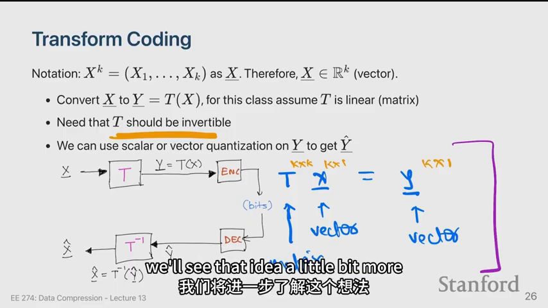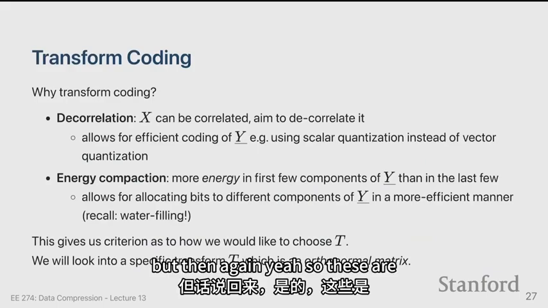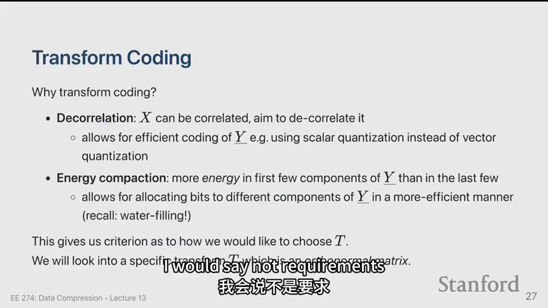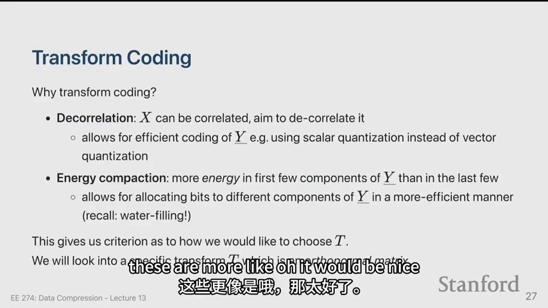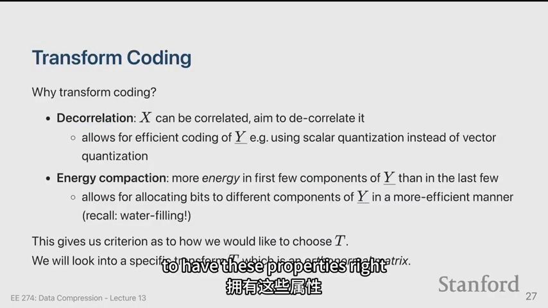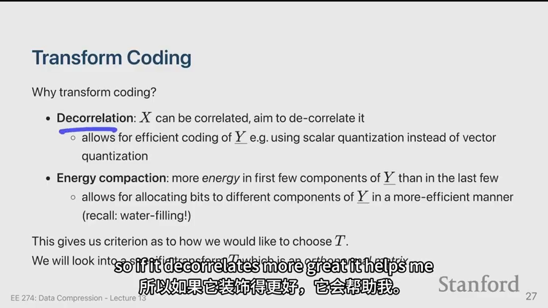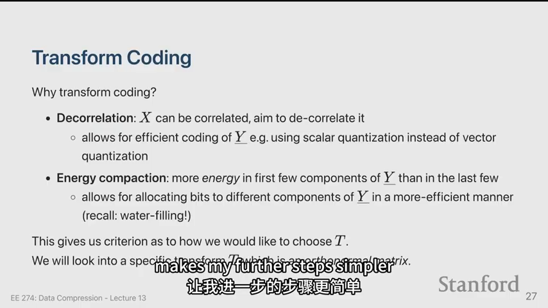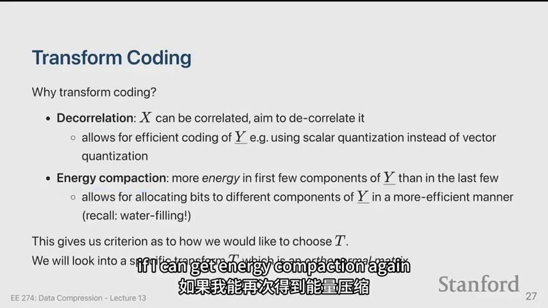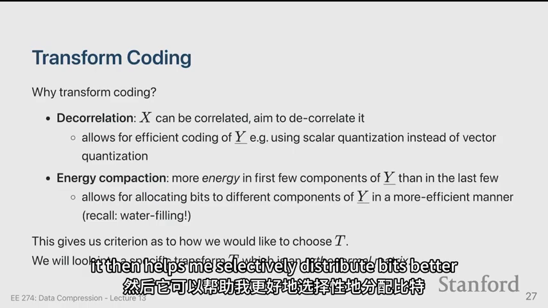We'll see that idea a little bit more. But these are not requirements, they're more like properties that would be nice to have. So if it decorrelates more, great, it makes my further steps simpler. If I can get energy compaction, it helps me selectively distribute bits better.